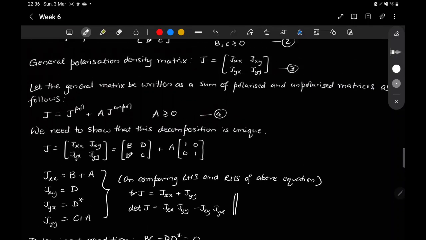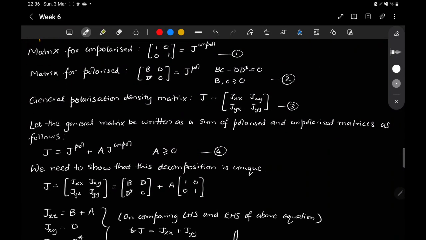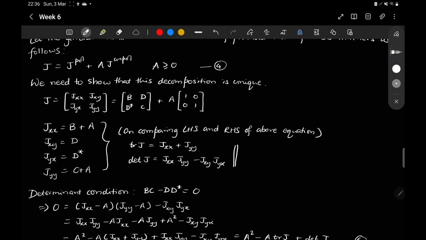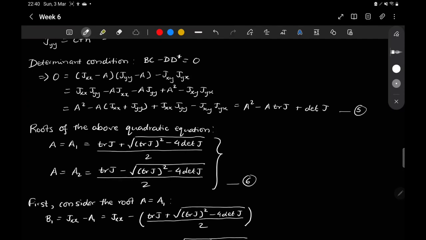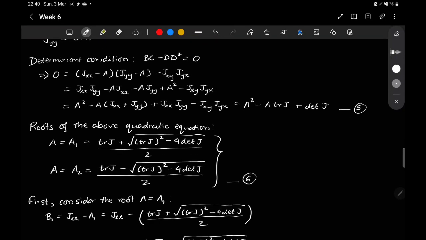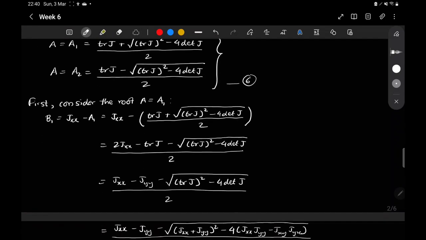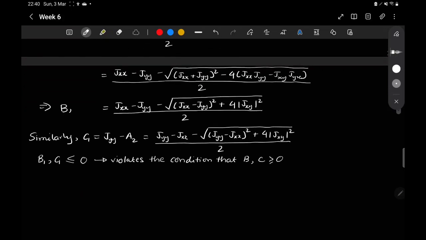So this violates the initial condition that we had over here in equation 2. So because this violates this condition, this means that A1 is invalid.